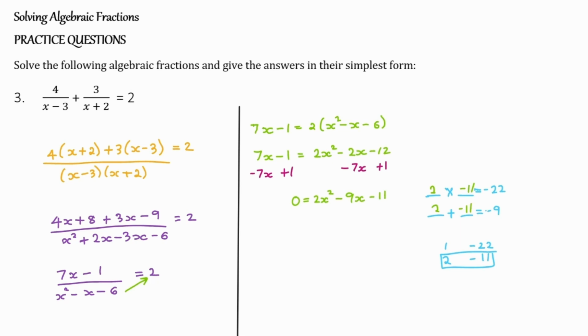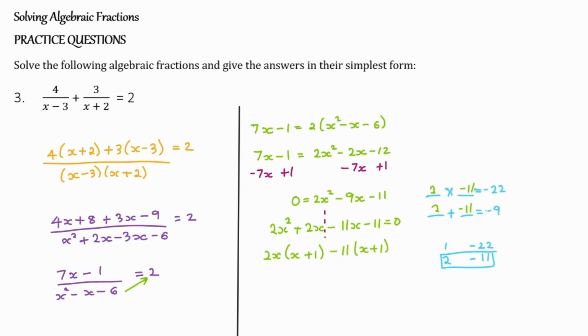and we can now factorize this equation by splitting the middle term and rewrite this as 2x squared plus 2x minus 11x minus 11 is equal to 0. And we can now split this and factorize the first half. We can factorize 2x and put x plus 1 in the brackets, and the bracket has to be the same on the other side. And in order to make x into minus 11x, we would have to multiply it by minus 11.